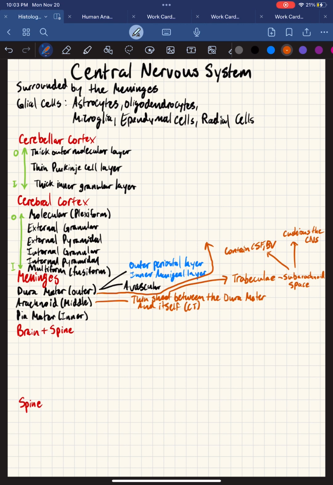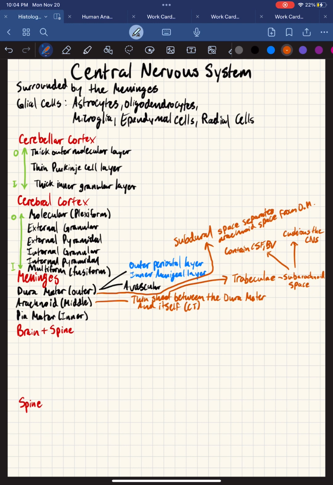Subarachnoid space separates the space below the arachnoid, and the subdural space separates the dura mater from the arachnoid. We're just going to abbreviate dura mater as DM because I'm lazy.